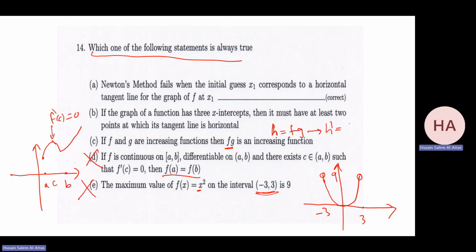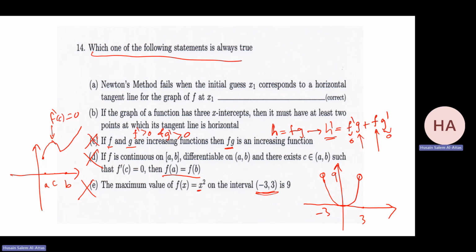If I check the derivative, I have f prime g plus f g prime. So when it says f and g are increasing, it means f prime is positive and g prime is positive. But I cannot conclude that h prime is positive since I don't know if f and g are positive or negative. Because of that, this is wrong, not always true.